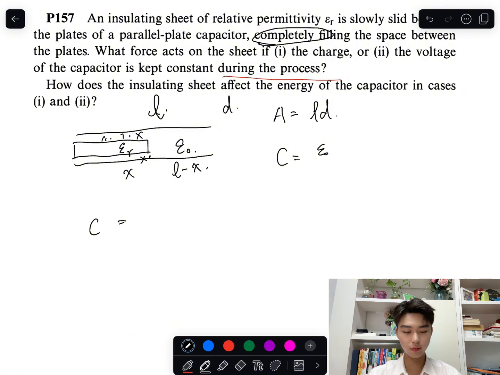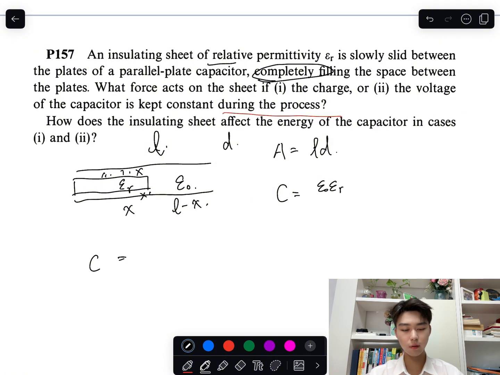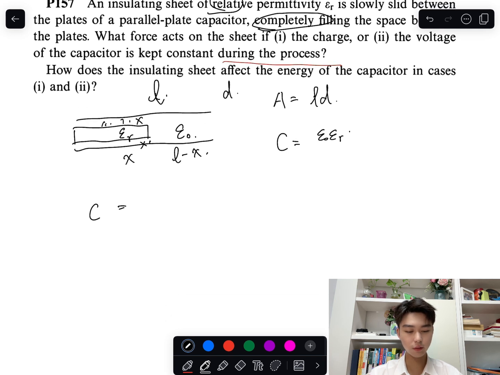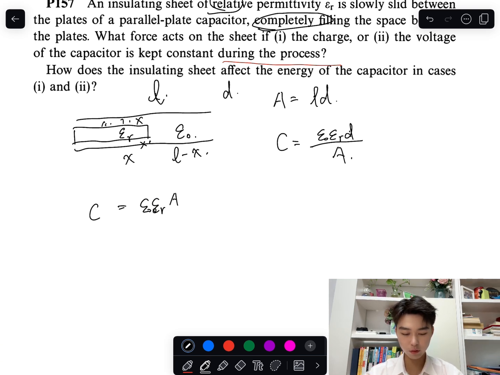It's epsilon 0 epsilon r, because this is a relative permittivity, A over D, right? So now we have epsilon 0 epsilon r A over D.